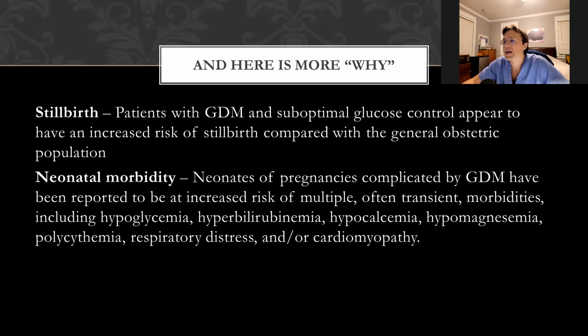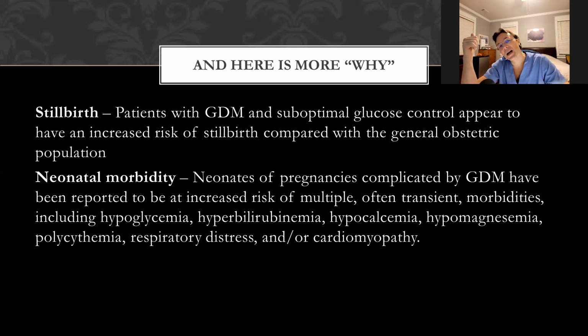But I would like to also emphasize problems with hypoglycemia, right? And we're talking about neonatal hypoglycemia. It's not the mama who's getting low sugar. Mama has the opposite. She has high sugars, right?